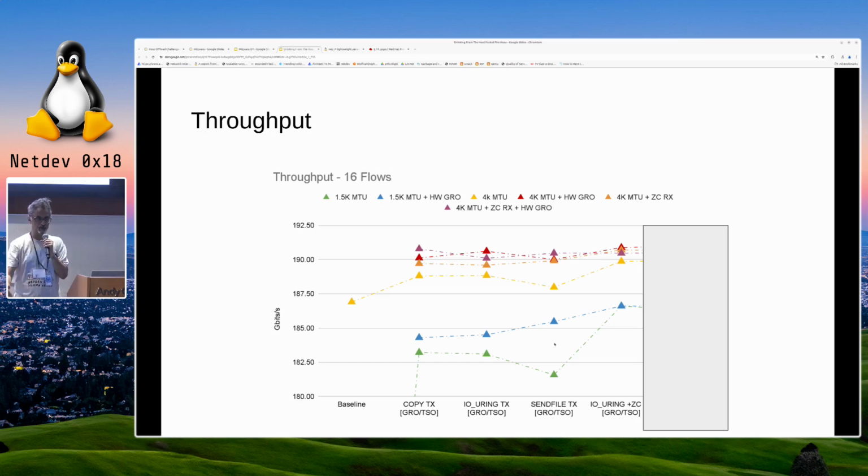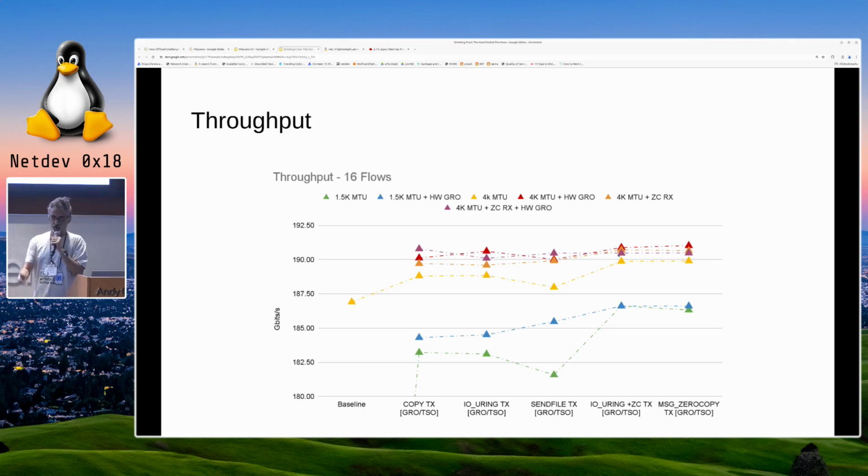Of course, in all these cases we don't turn off GRO. You can see the 1.5K MTU benefiting big time, and the 4K MTU also seems to be going up. These other three, with zero copy receive and hardware GRO, are always doing better. But what's interesting is the 1.5K MTU with just hardware GRO turned on.